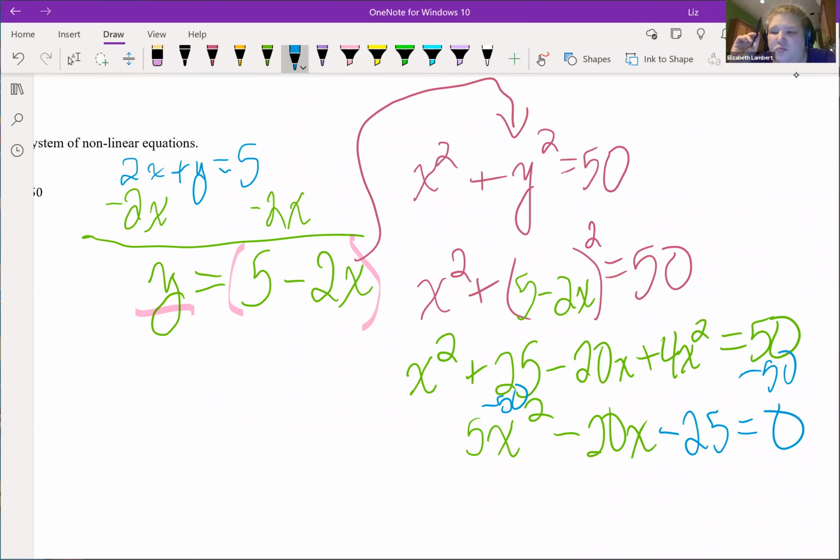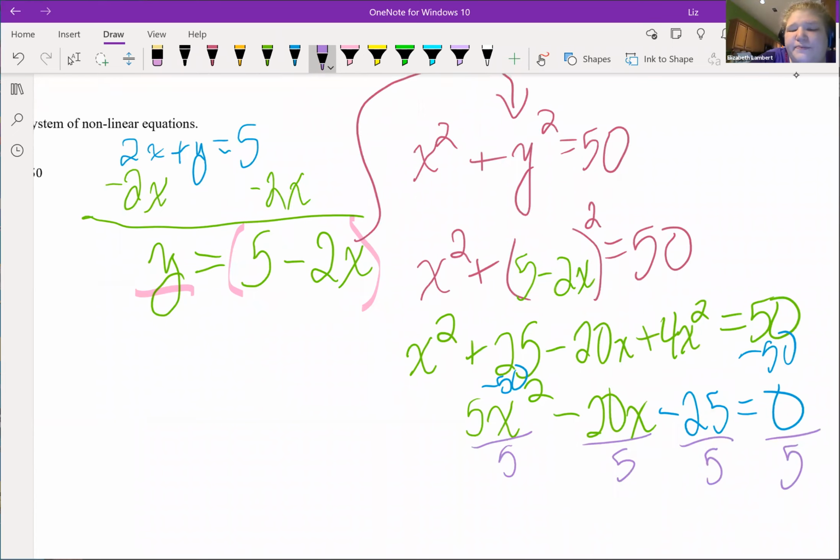Now, we could throw those numbers in the quadratic formula, crunch it out just fine. Odds are very, very strong that this will factor. And there's another nice side note. So we have the 5 in front of the x squared, but look at the other numbers. They're also divisible by 5. So do yourself a favor and divide everything by 5. I am dividing both sides by 5, and I'm just splitting it on the left side so it's into each term.